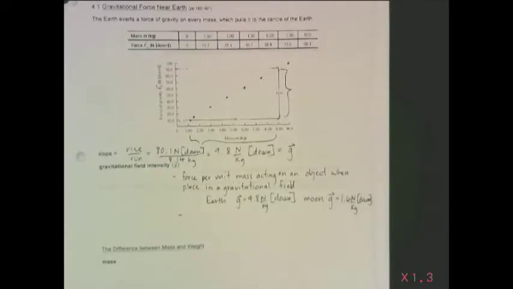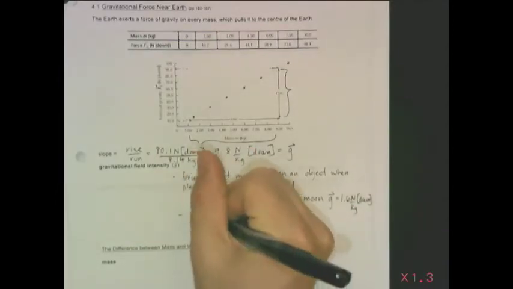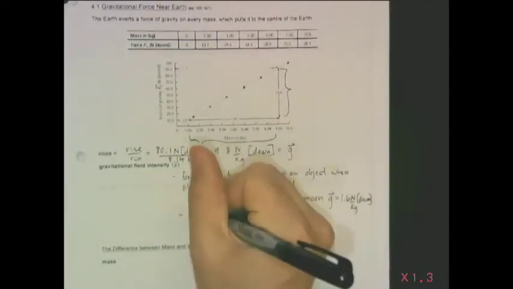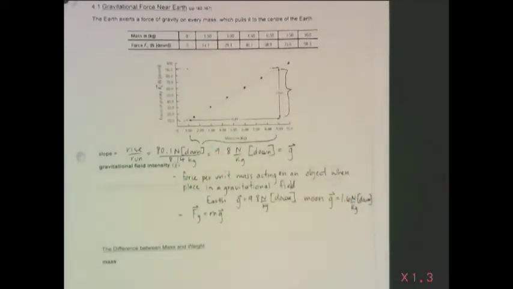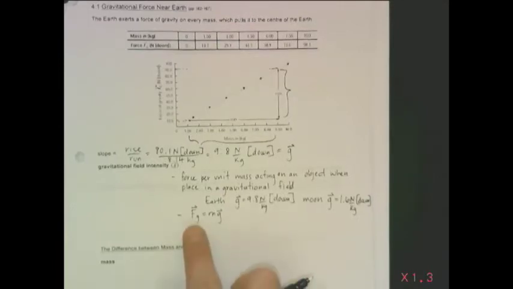We have an equation that says force of gravity is equal to mass times the gravitational field intensity. Please distinguish between the terms in this equation: force of gravity, mass, gravitational field intensity. Got it?